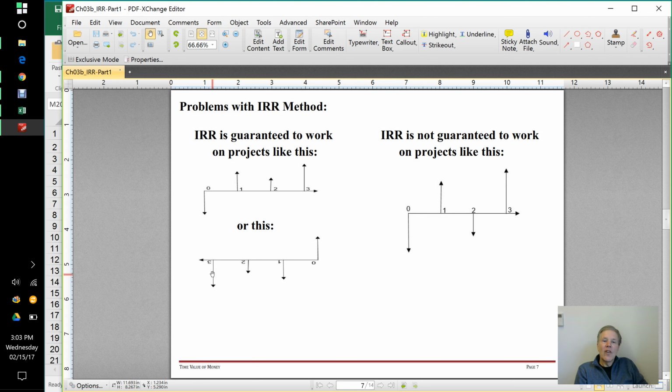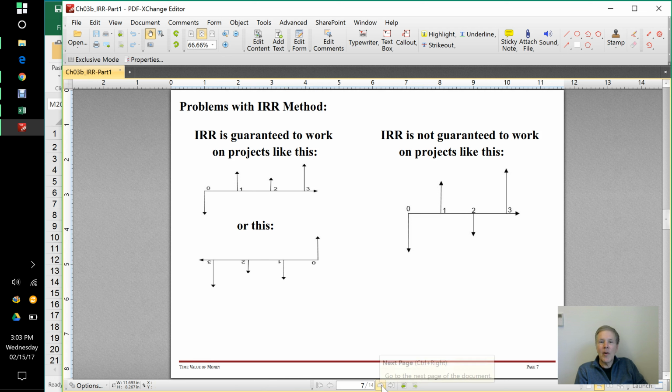And this looks like it might be a borrower's perspective where they borrow for phase one, phase two, phase three, and then the lender again lends for phase one, phase two, phase three with something like a construction loan, and they get paid back at the end of the project.